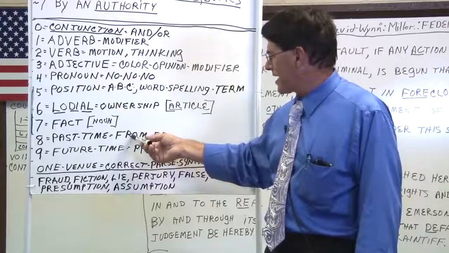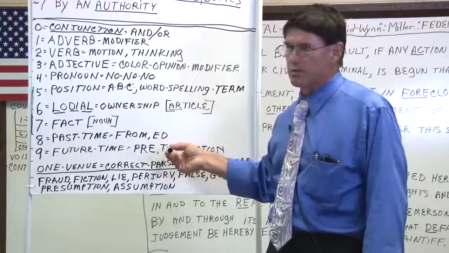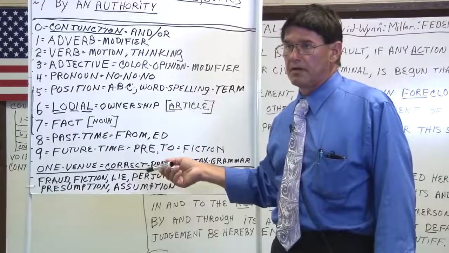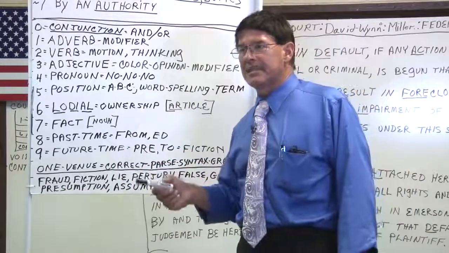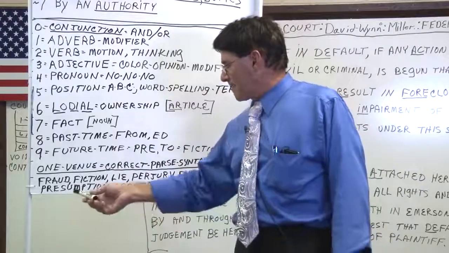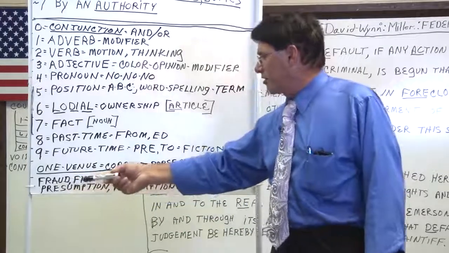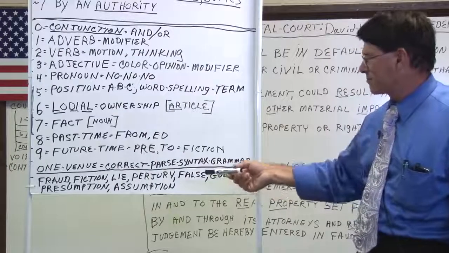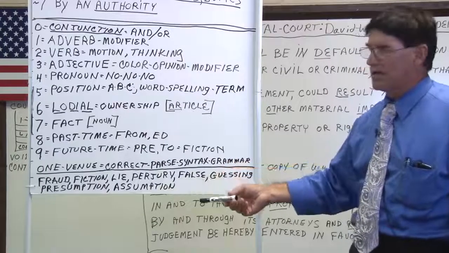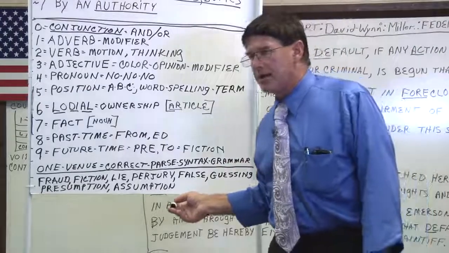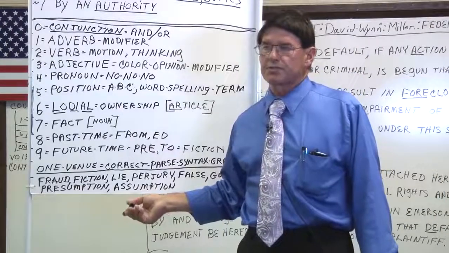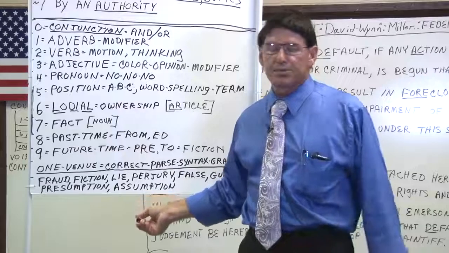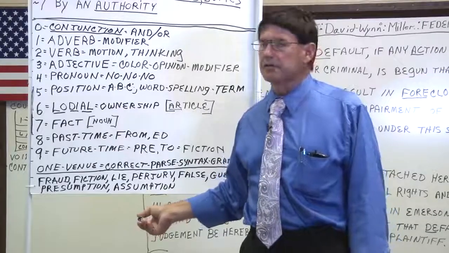Now we have two different time factors of from and to, which is now a lie because now we have two conditions of time and it's no longer a single thought sentence. So this generates when you're into fraud, fiction, lies, perjury, false, guessing, presumption, assumption. These are the world of our court systems, attorneys, and lawyers. And this is what's been going on this planet for 8,500 years.